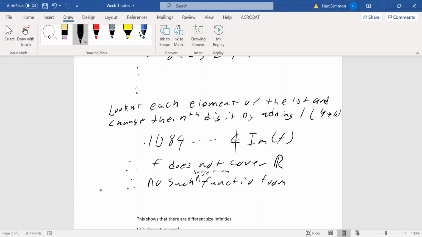Therefore, F does not cover R. No such F is going to be surjective from the natural numbers to R. Therefore, they're not the same cardinality.